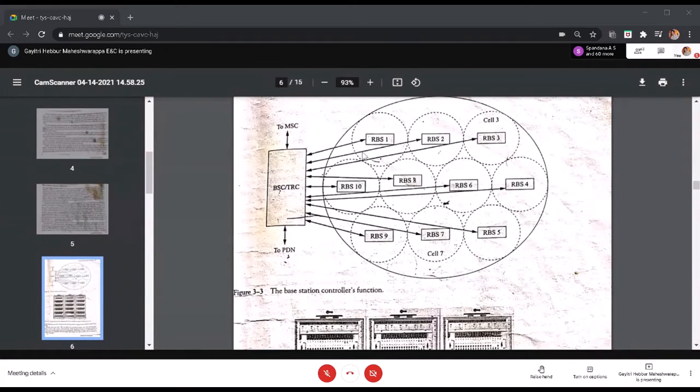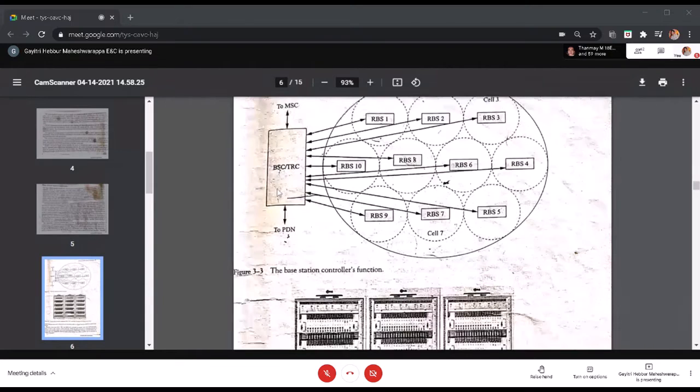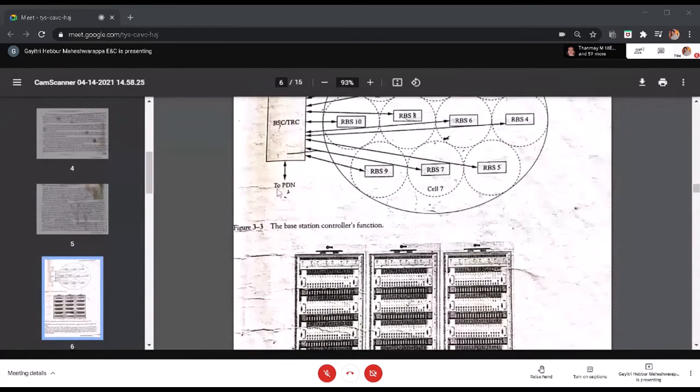The RF output power, frequency allocation and channel operations will also be decided by the BSC. Earlier, the MSC took care of this, but as the number of radio base stations has increased, that part of the work is now done by the BSC. That is nothing but controlling the radio base stations.